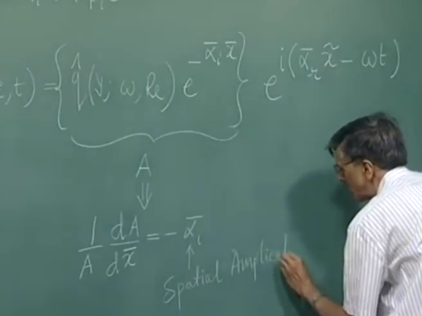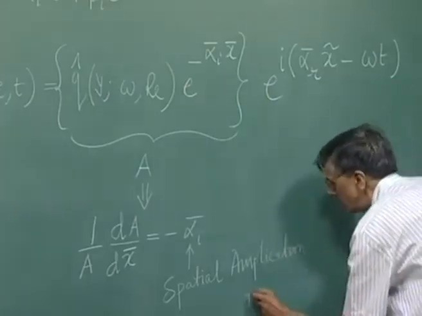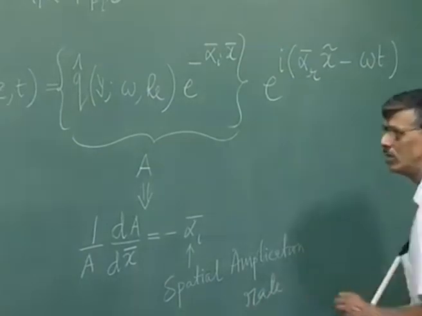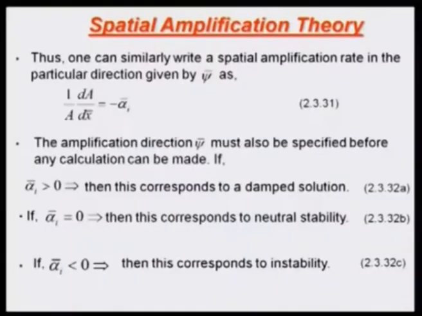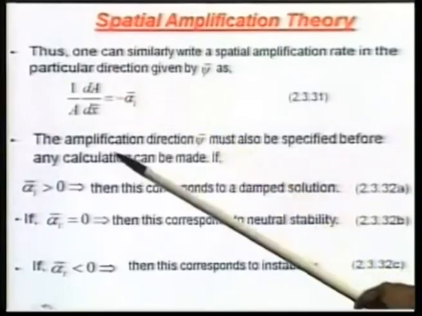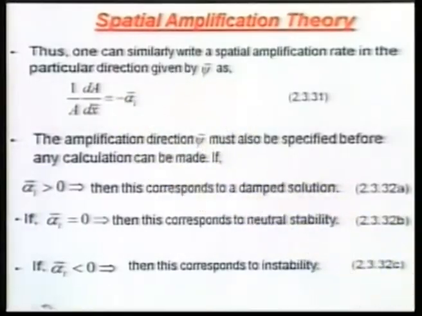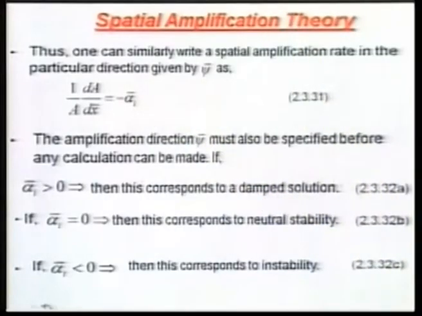Well, amplification or decay will depend on the following condition that we have in the slide. So, if I somehow contrive to prescribe psi bar and then obtain this quantity numerically or experimentally, then I will get the whole quantity as minus alpha I bar.